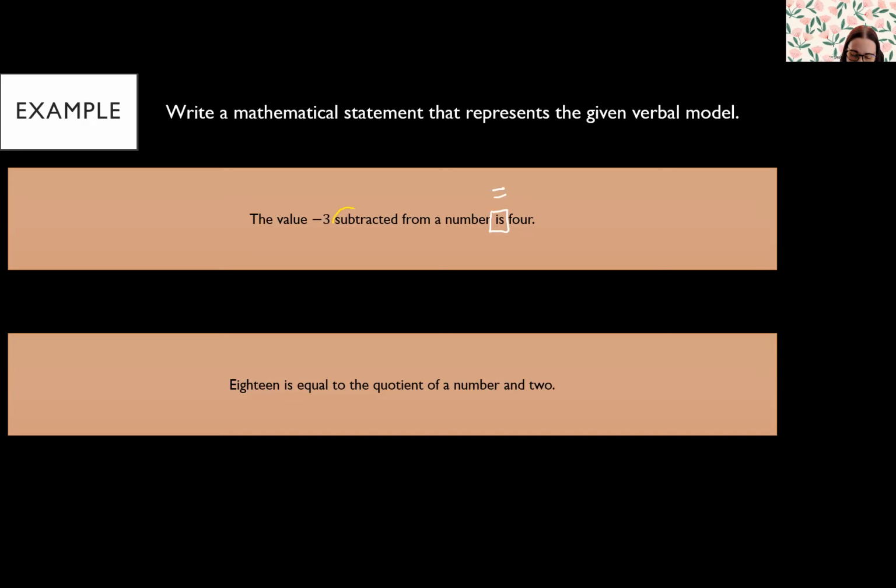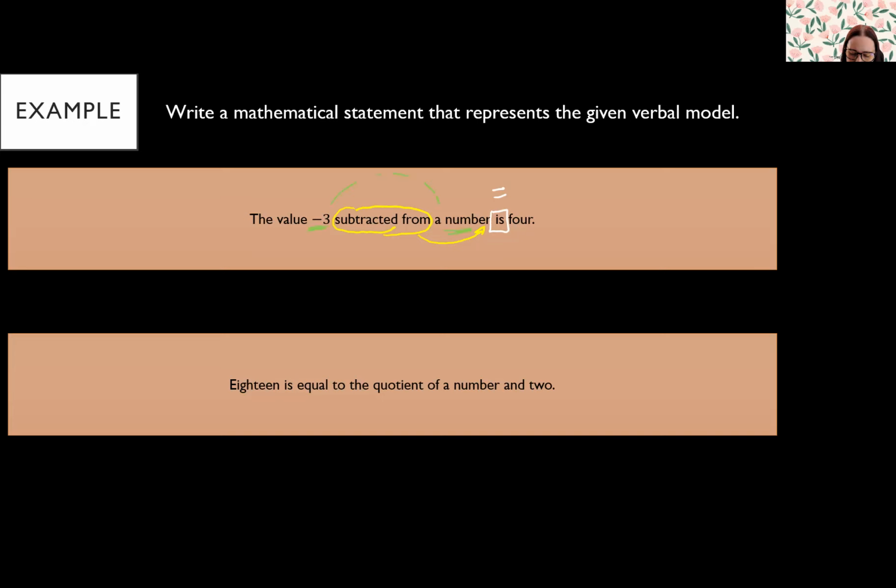We've got the word subtracted, and we've got subtracted from. That means we're going to be translating this in backwards order. We're going to be putting a minus sign after whatever follows here, which is a number. So this is sort of flip-flopping your -3 and your number.